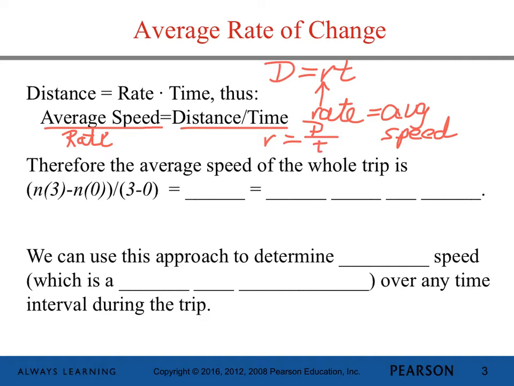So the average speed of the whole trip would have been our distance at 3 hours, minus our distance at 0 hours, and that would have been the entire trip for that entire 3 hours.